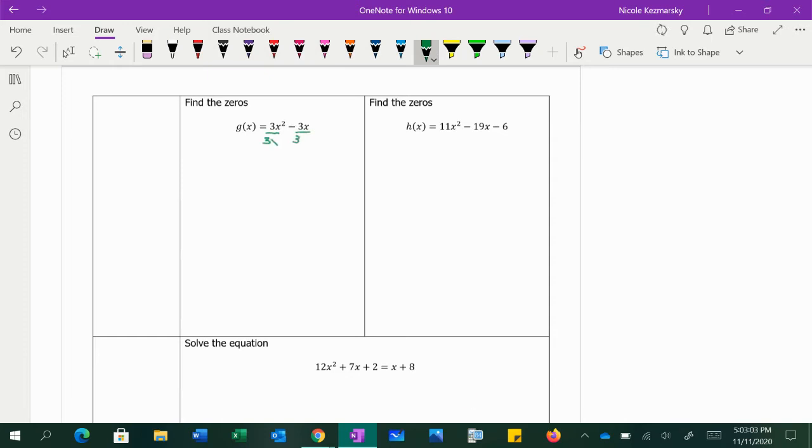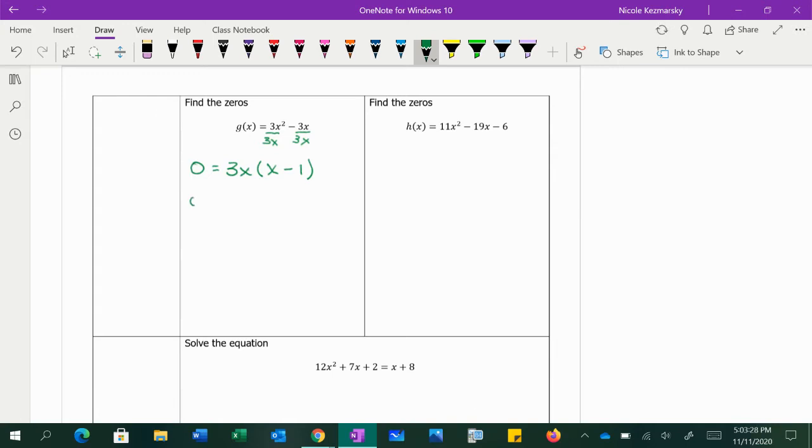They also both have an x in them. So my GCF is going to be 3x. So we'll say 0 equals 3x times 3x squared divided by 3x is just going to be x, and minus 3x over 3x is going to be minus 1.